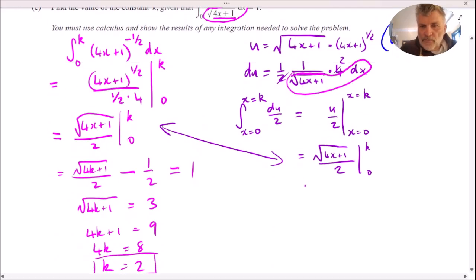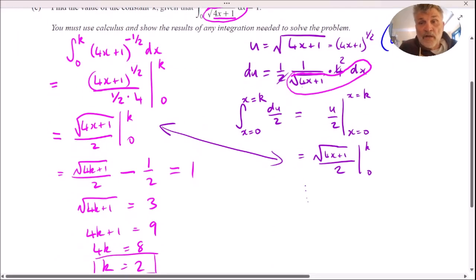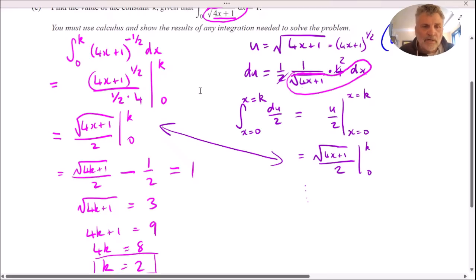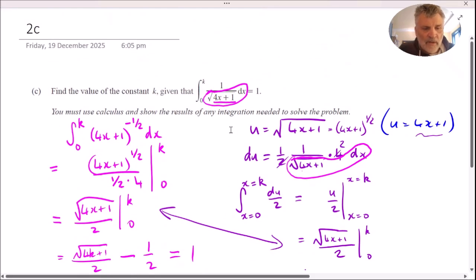So I won't do the rest of the work, but it's worth redoing these trying some other substitutions as well. Often questions that succumb to substitution, more than one substitution will work, and it'll give you lots of practice on the same question and some reassurance when you get the same answer.